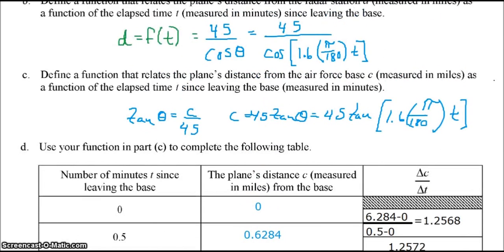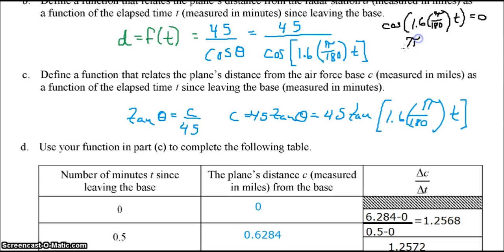So you might want to think about what's the time value that makes this denominator 0? I'm curious now. So if we take cosine of 1.6 times pi over 180 times t, set that equal to 0. Well, cosine would be 0 if this equaled pi over 2 or 90 degrees.